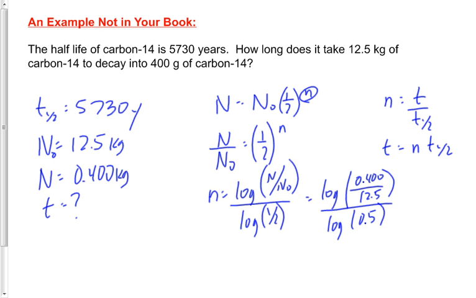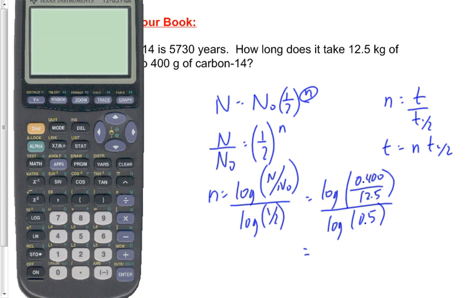Let's do that on the calculator here. Log of 0.4 divided by 12.5. Let's divide that by log of 0.5. I get 4.966.